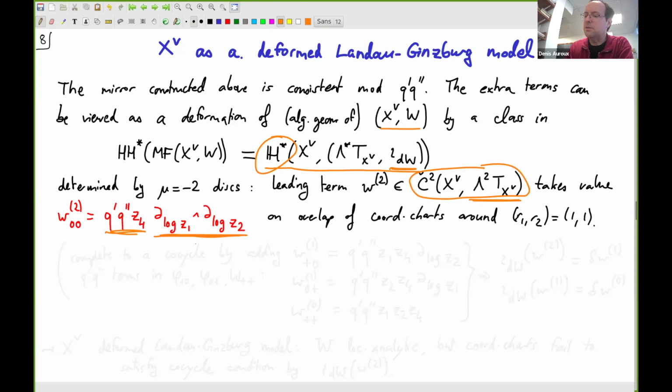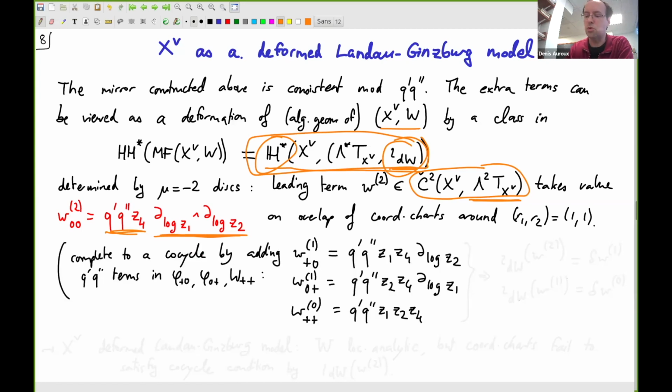And then, well, you can say, oh, wait a moment. In this complex, this is not going to be a cocycle because it's not closed under interior product with dw. How do you make it a cocycle? You complete it by adding more terms. You add in a 1 cochain whose values on the overlaps, exactly the places where you had those orange coordinate gluing modified, were going to be these vector fields.